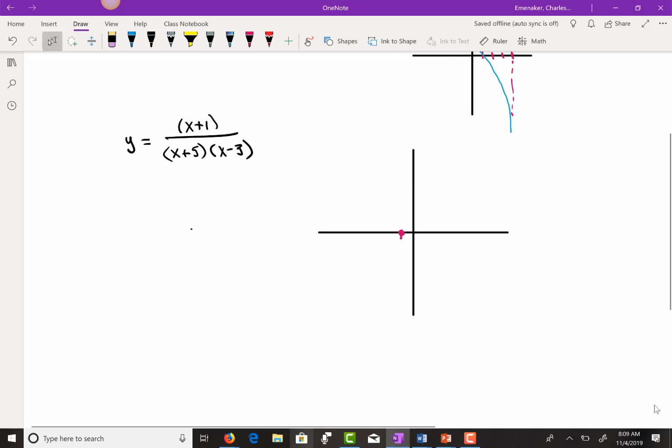It also means, or we can also see from this function, that at x equals -5, we get a 0, but this time it's in the denominator. So if we go 2, 3, 4, and -5, we're going to have a vertical asymptote there.